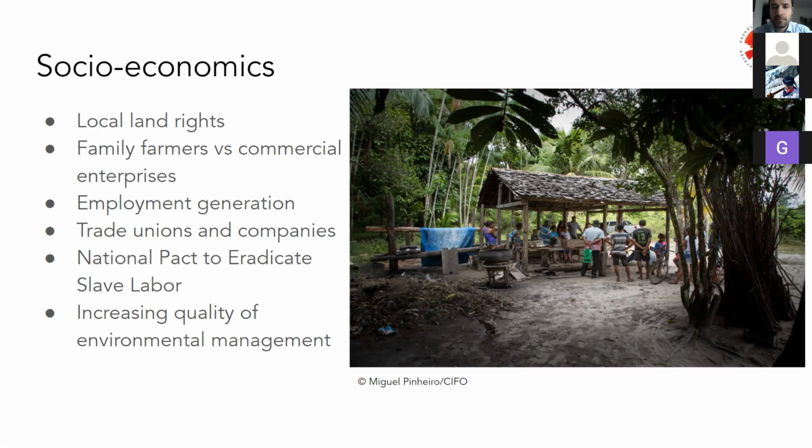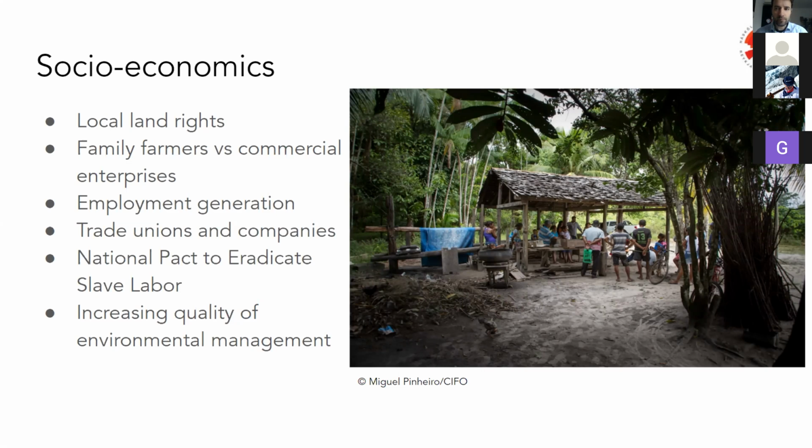So I was going to talk about local land rights. There's a difference between when people actually lease the land, rent the land, or own the land, and what type of industries they're allowed to do on it. So there's been fights over people properly using the land and how they're allowed to.